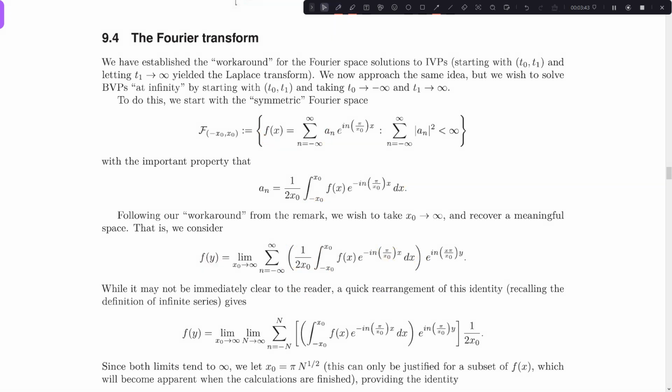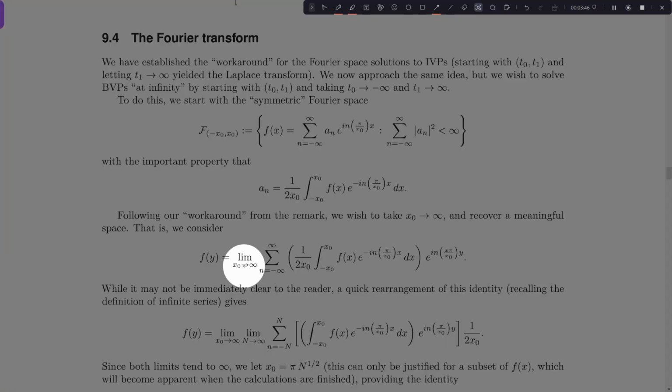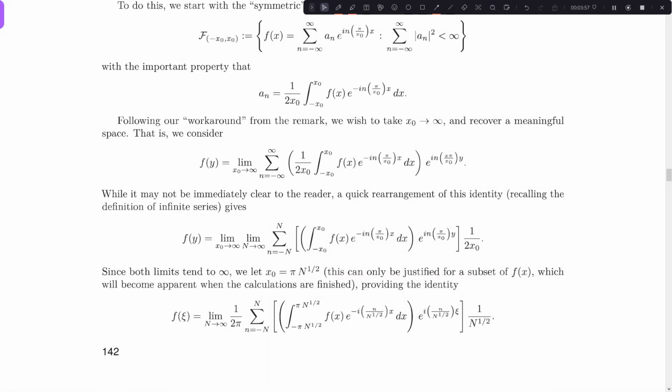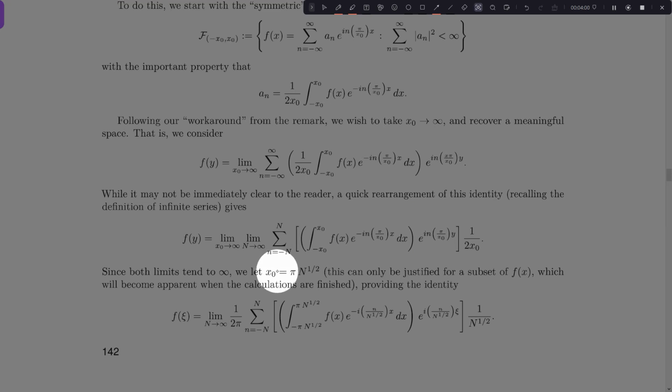And then I'm going to recognize that if I'm taking a limit as x goes to infinity, I'm taking a limit as n, capital N, goes to infinity in my sum. And I'm going to do the same thing where I make some coupling between the x that I'm letting go to infinity and the n that I'm letting go to infinity. If I let the x naught be pi n to the 1/2 power, then what I recover is a 1 over 2 pi out front.